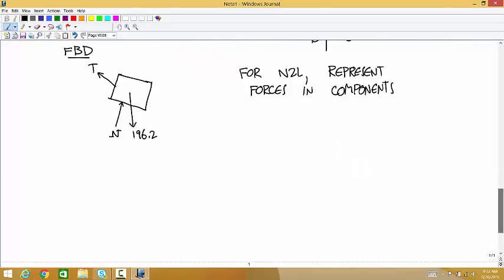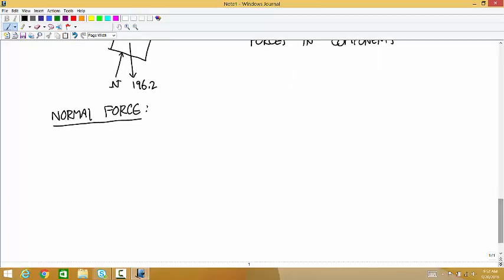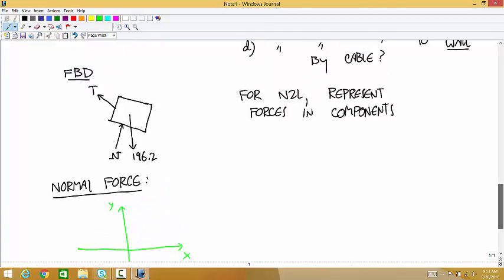So let's first go to the normal force. Here's the coordinate system. We're going to do this based on angles.